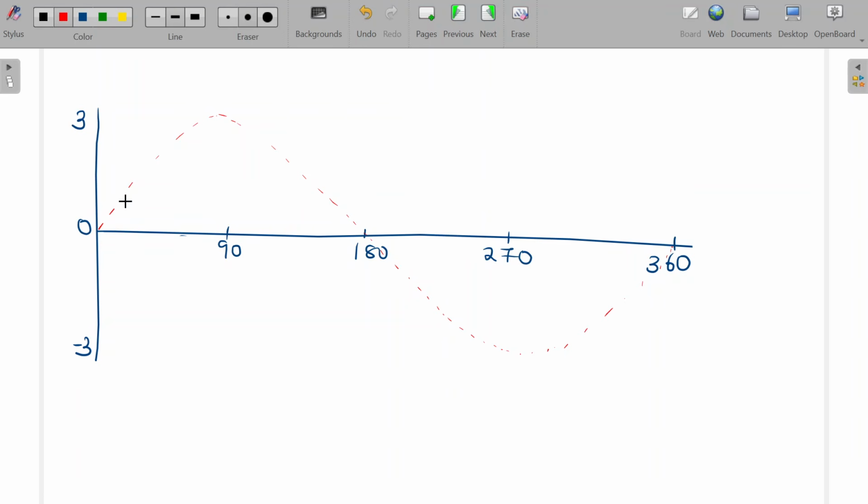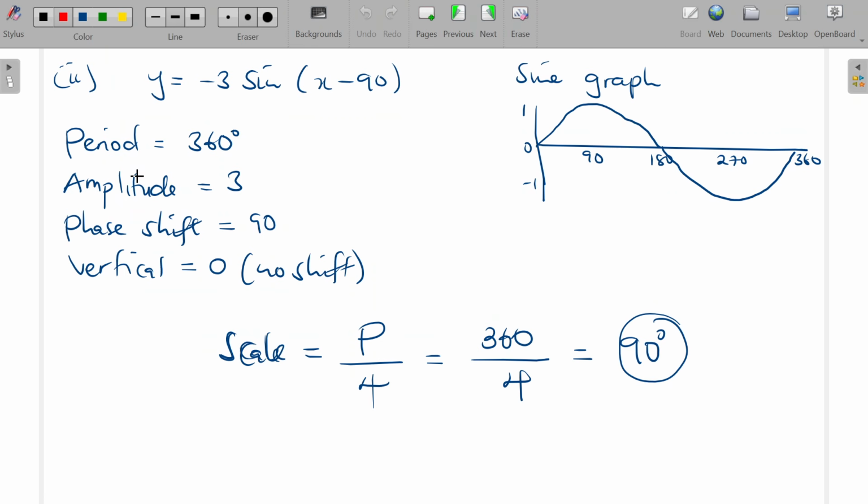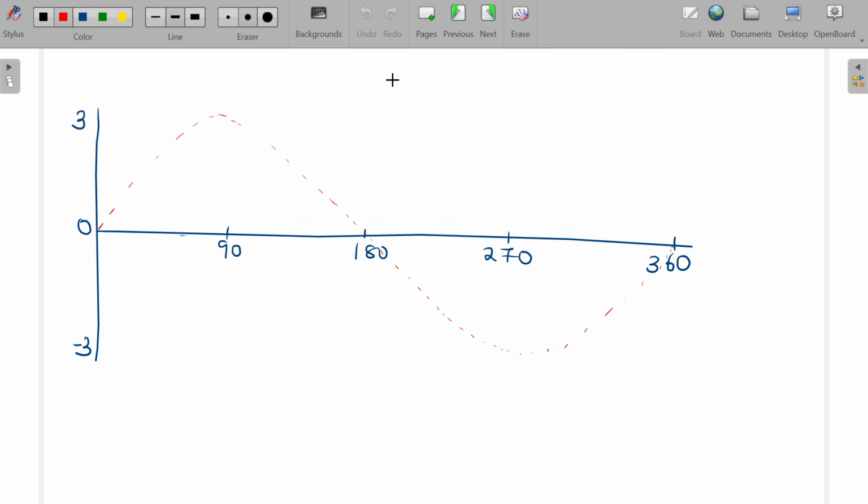Now, in this situation, it has a negative in front. What it's telling us is that this one is inverted. Because of that negative sign, it is inverted, meaning that it will be the opposite. If here it was positive 3, it will be negative 3; if it was 0, it will be 0.